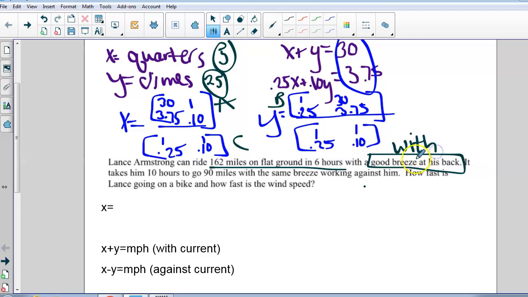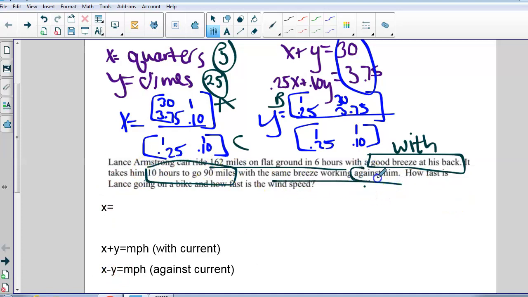Now this setup is going to work for anything with a wind or current. If you're riding in a boat and you're going on the water current, or if you're riding in an airplane, anything that talks about winds, breezes, riding with or against something is going to be a current problem. It takes him 10 hours to go 90 miles with the same breeze working against him.